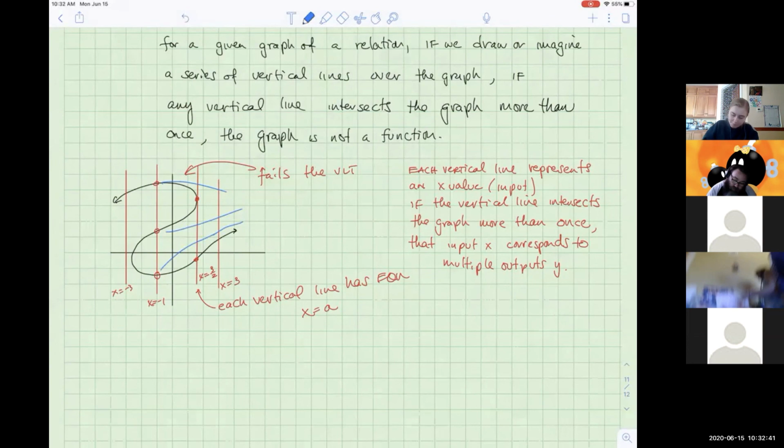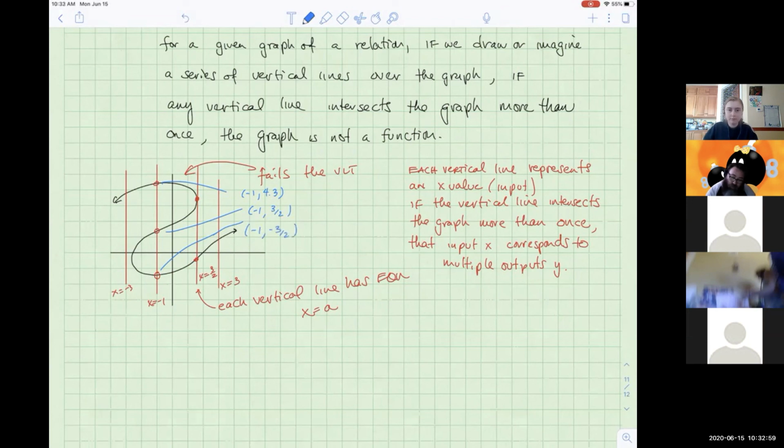This might be -1, what is that? 1, 2, 3, 4 and some change. I don't know, 4.3. And this is -1, 3/2. And this one is -1, -3/2.